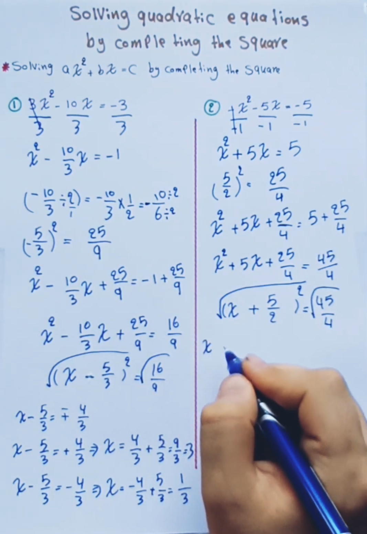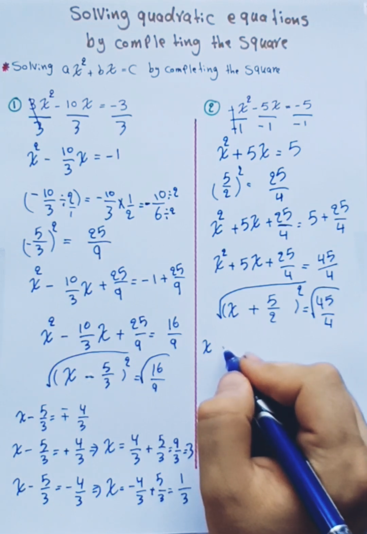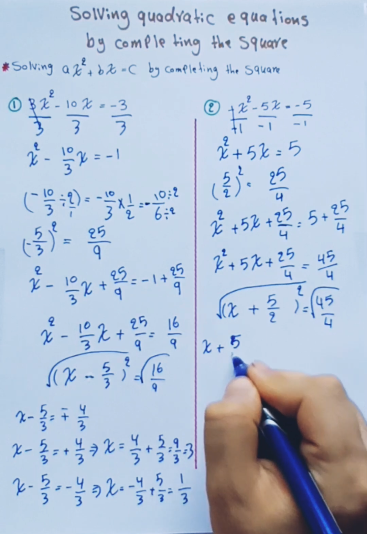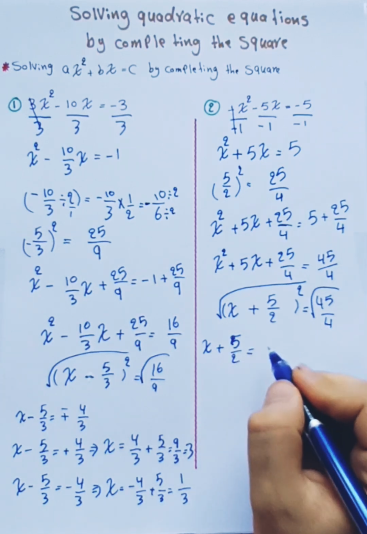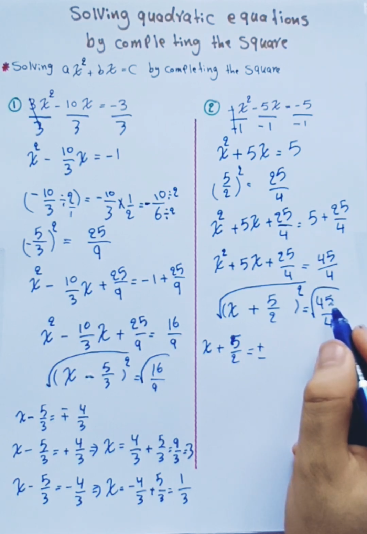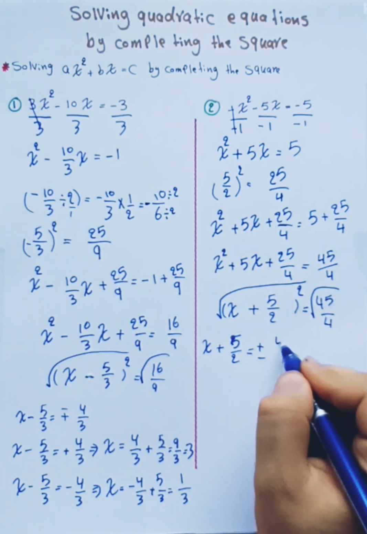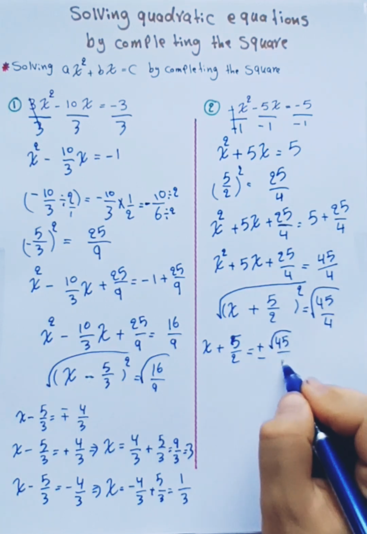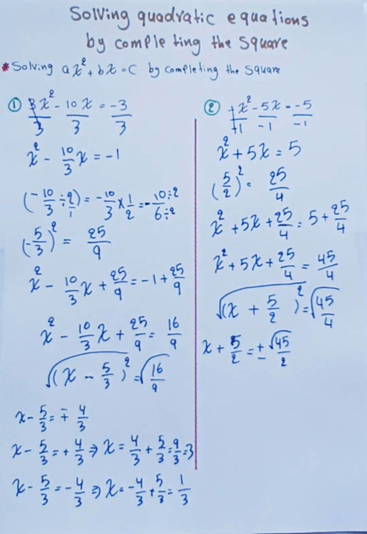So we have to write two equations and solve for x. x plus 5 out of 2 equal to positive or negative square root of 45 out of 2, because 45 is not a perfect square, so it stays inside the square root.